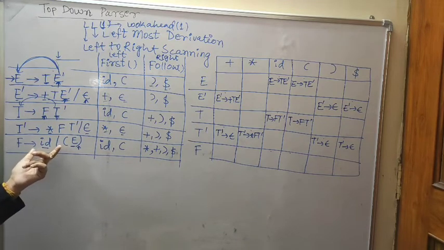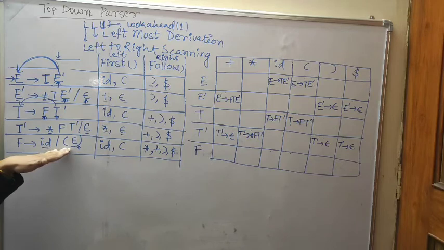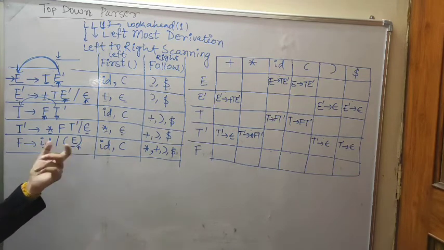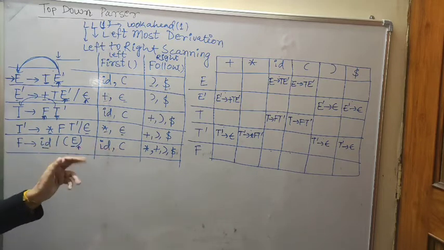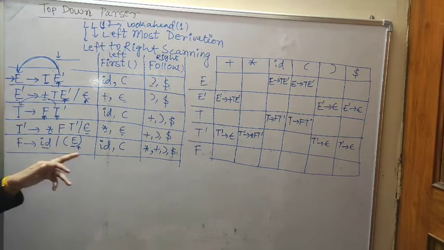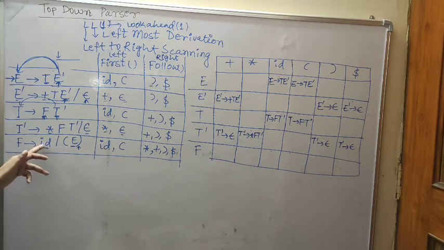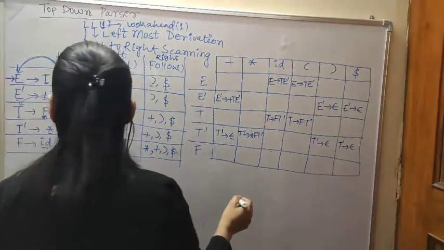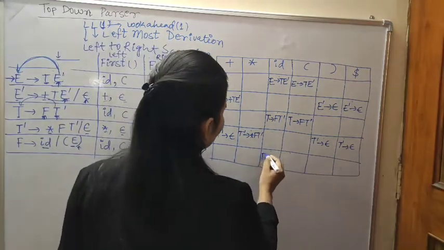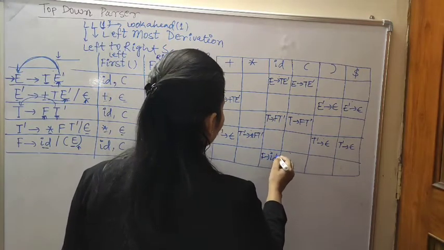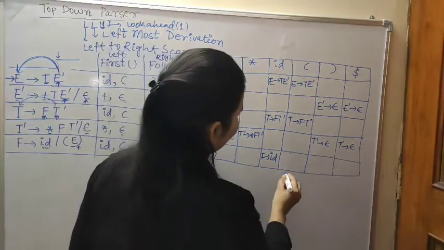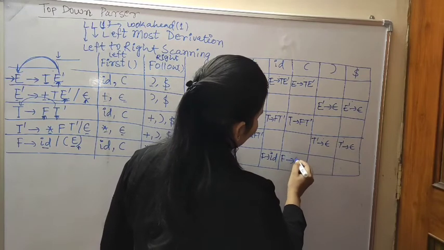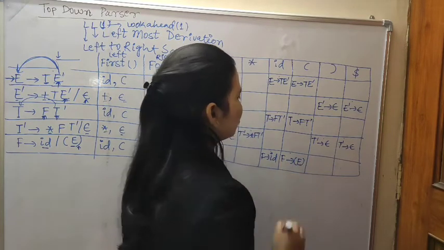This is a unique production rule, but in these production rules, one has ID and the other has E inside the parentheses. So in the open braces place we write the second production rule, and in the ID place we write the first production rule. Where is ID? Here: F to ID. And in the open braces place, we write the second production rule: F to open braces E close braces.